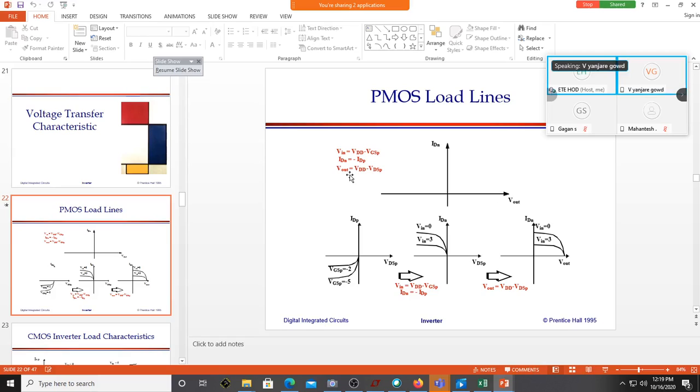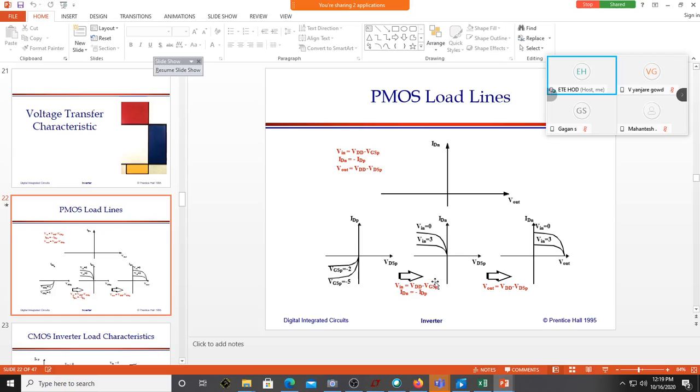So it is VDS of P. Therefore, can I write V out is equal to VDS of P plus VDD? Is it fine?